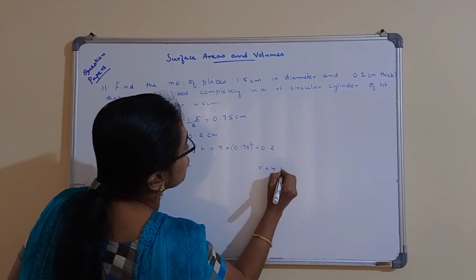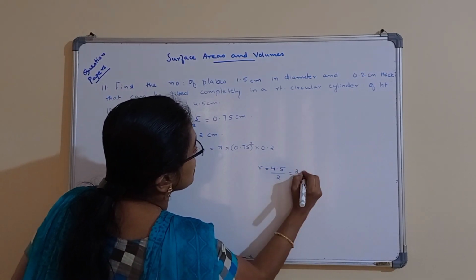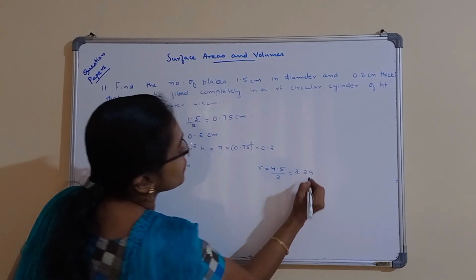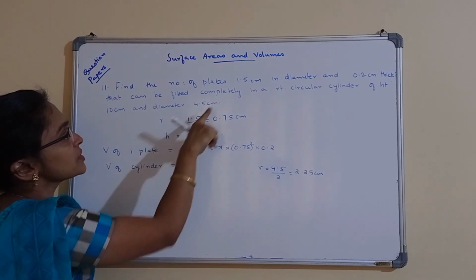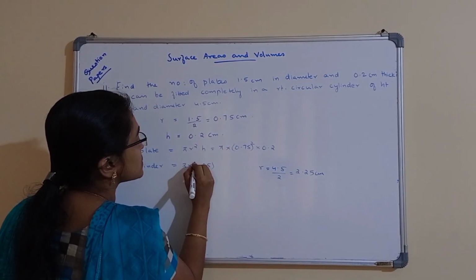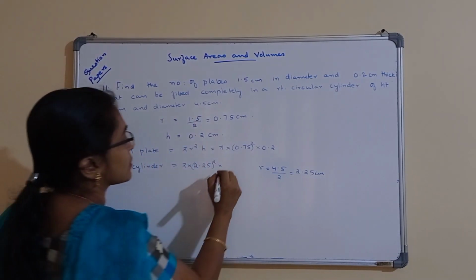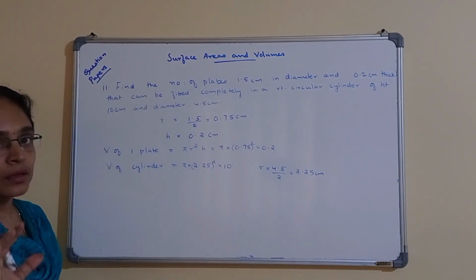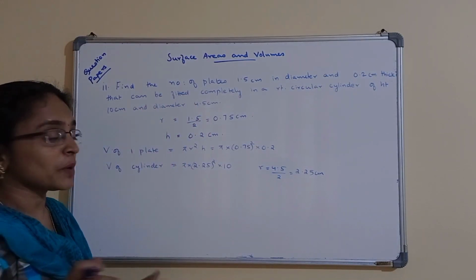So r equal to 4.5 by 2, which is equal to 2.25, right? So 2.25 centimeter is the radius of this right circular cylinder. So pi into 2.25 the whole square into height, 10 centimeter, into 10. Understood?